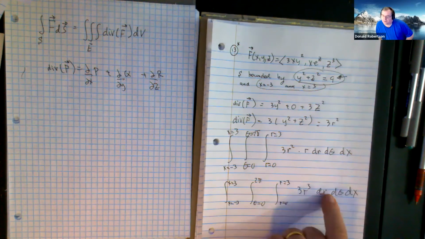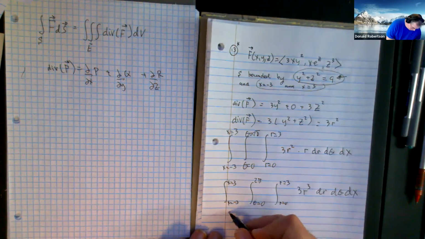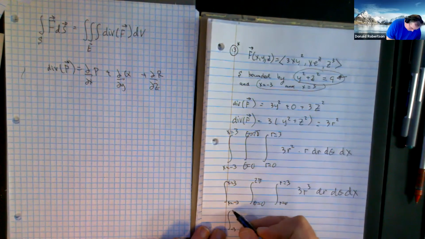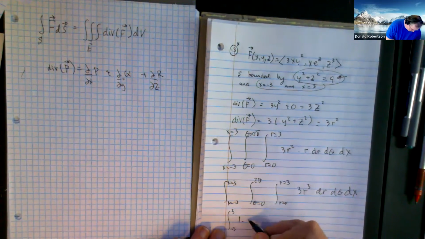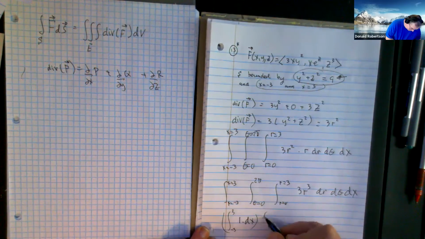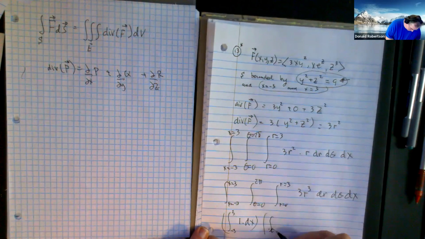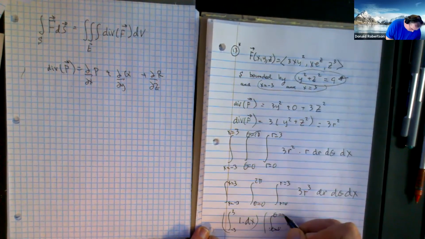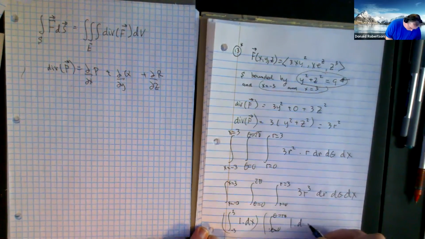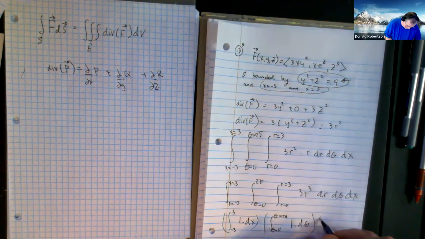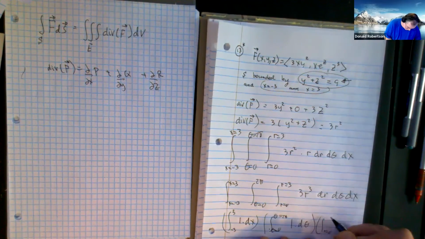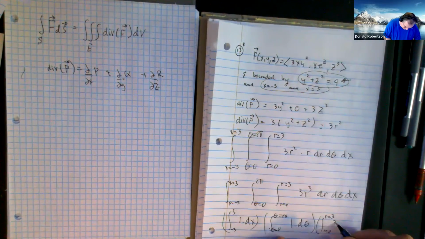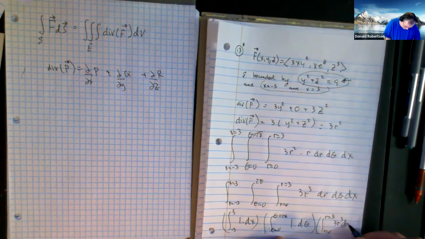Aren't these variables separable? So I would do from x equals -3 to 3 of 1 dx, from theta equals 0 to 2 pi of 1 d theta, and then do r equals 0 to r equals 3 of 3r cubed dr.